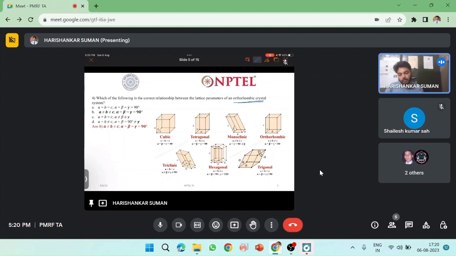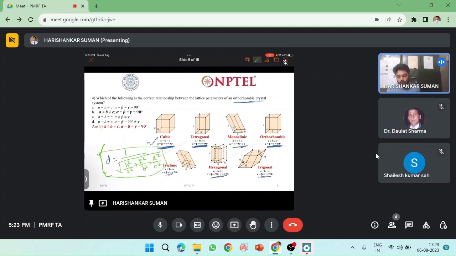So you have to remember the relation between alpha, beta, gamma and a, b, c also. If alpha, beta, gamma are 90, then we can calculate the interplanar spacing by this formula: d equals 1 upon the square root of h square by a square plus k square by b square plus l square by c square.